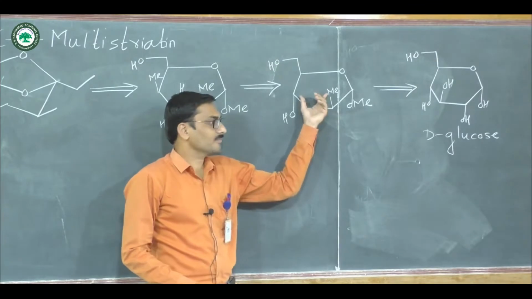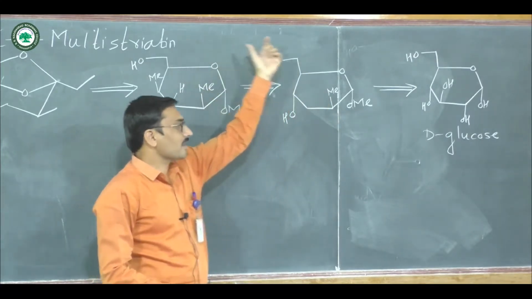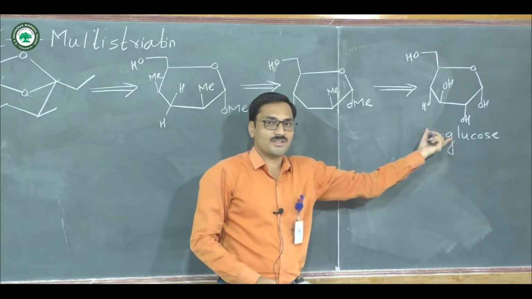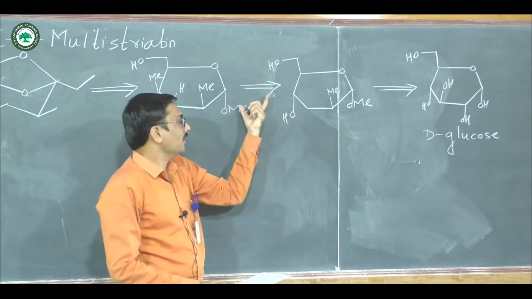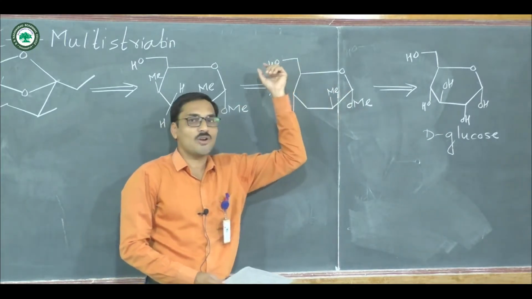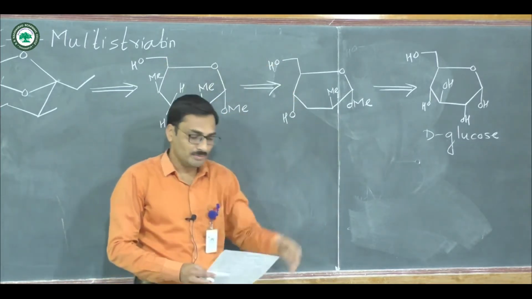For the synthesis of the multistriatin molecule, we use D-glucose as a starting precursor. So, these are some important steps which occur during the synthesis of the multistriatin molecule using D-glucose as the starting material.